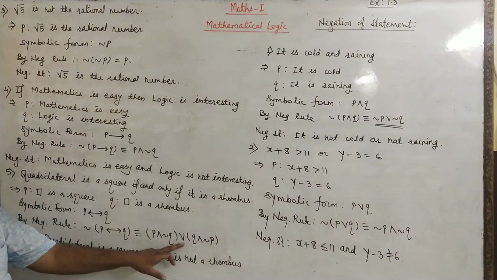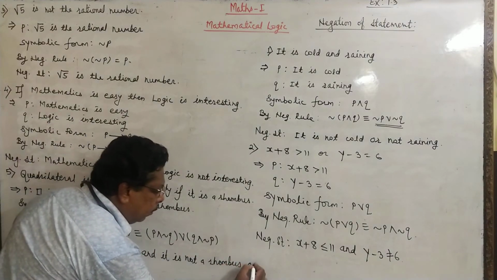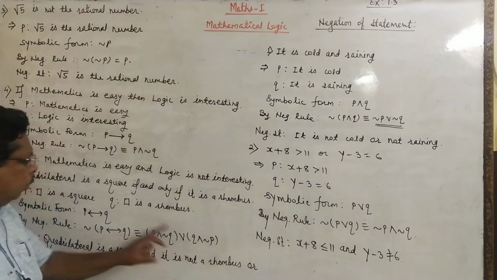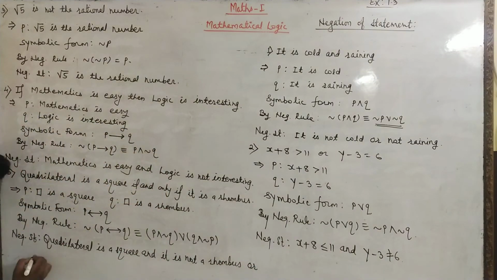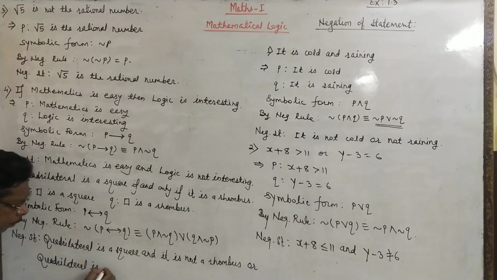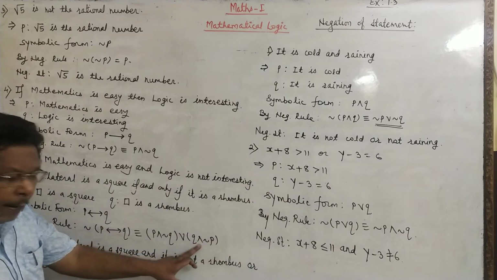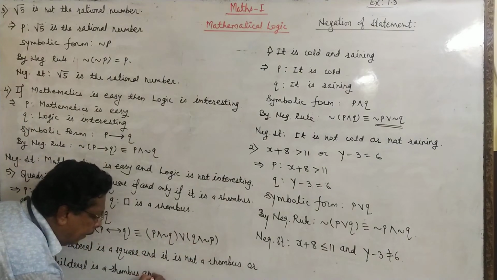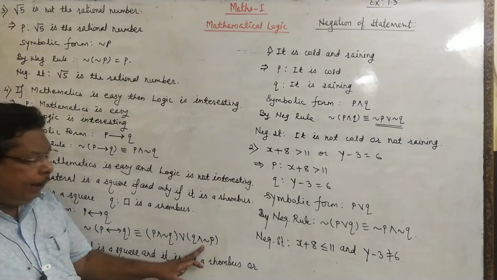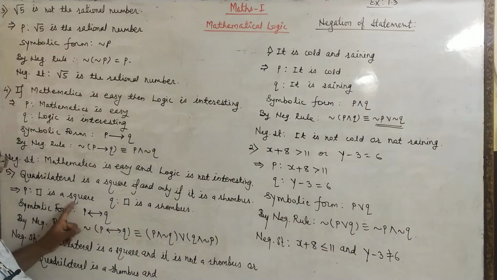Then the connective is 'or', Q. Q means quadrilateral is a rhombus, or quadrilateral is a rhombus, then the connective is 'and', negation P. What is P?